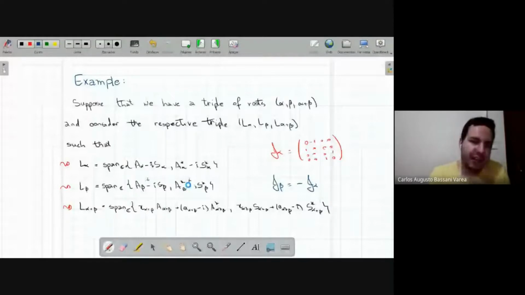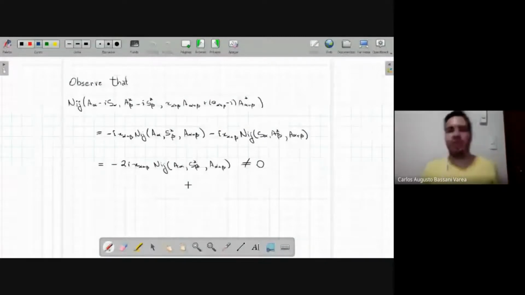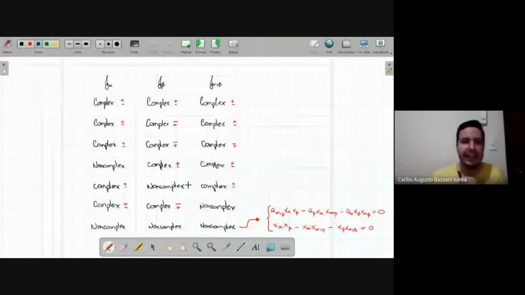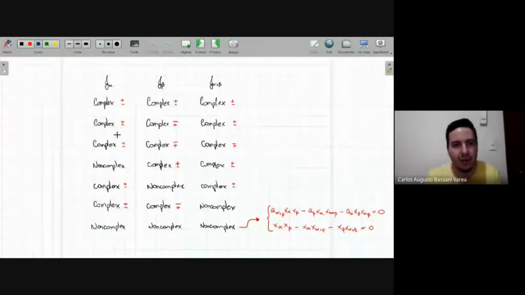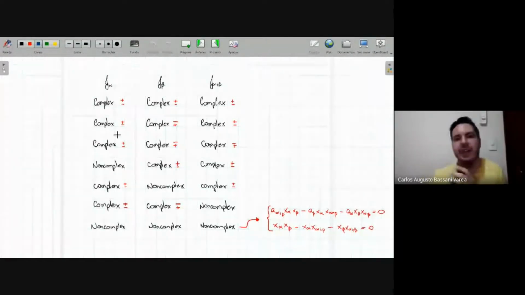This is just to do the computation, and after you do the 27 possible cases, you can conclude that this table shows us the possible combinations where the Nijenhuis operator is 0 for a triple of roots of the type alpha, beta, and alpha plus beta.